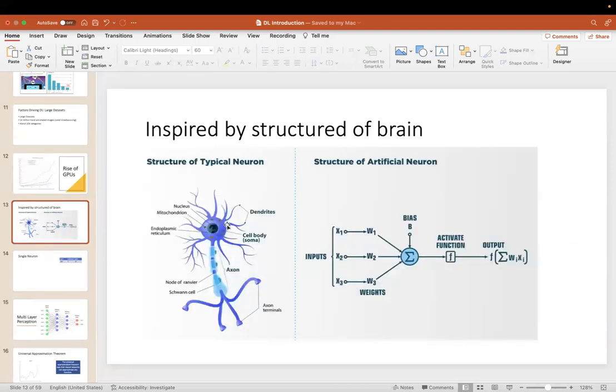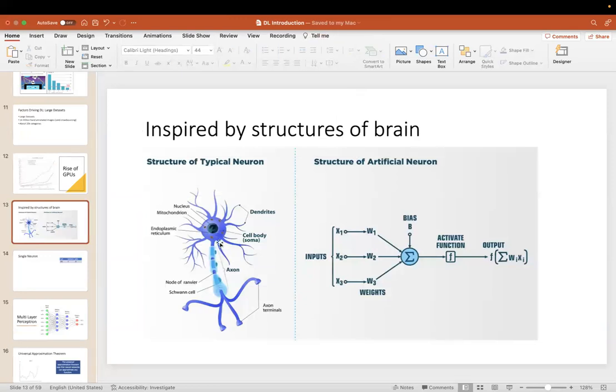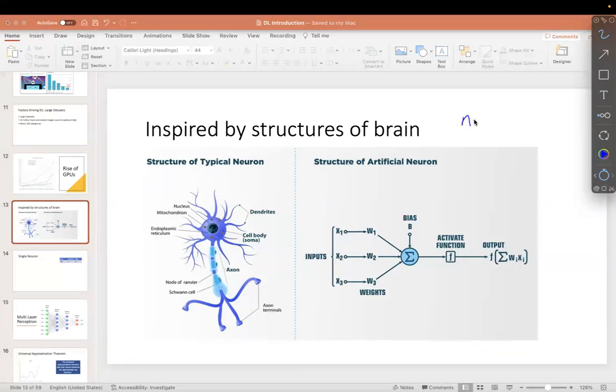The whole of deep learning is inspired by the structures of the brain. There is a model built by neuroscientists saying this is how the brain functions. The brain contains billions of neurons.